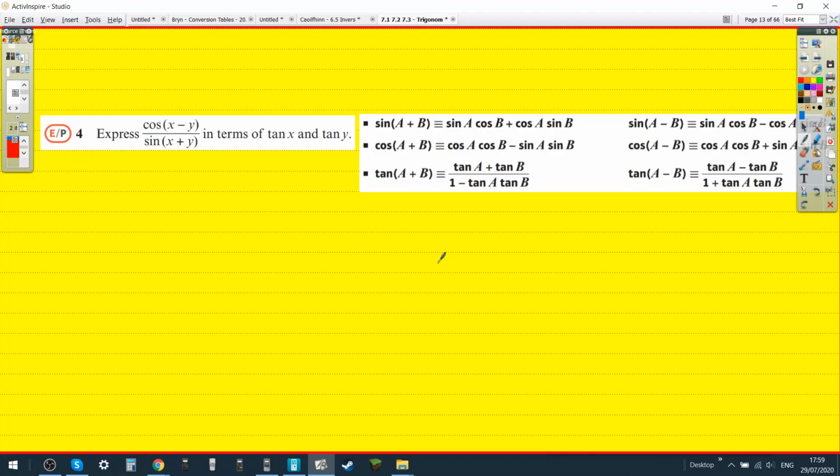Before, weren't they in two separate fractions that were being added? Yeah. So do we make it into that form? No. What is cos x minus y the same as?